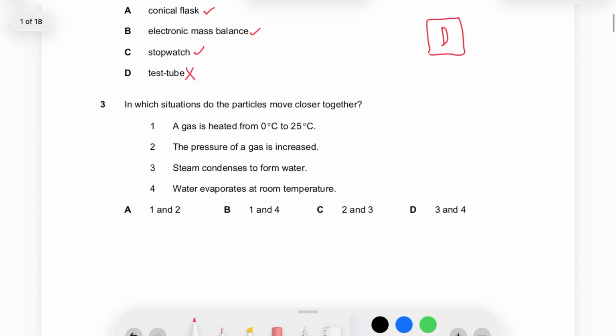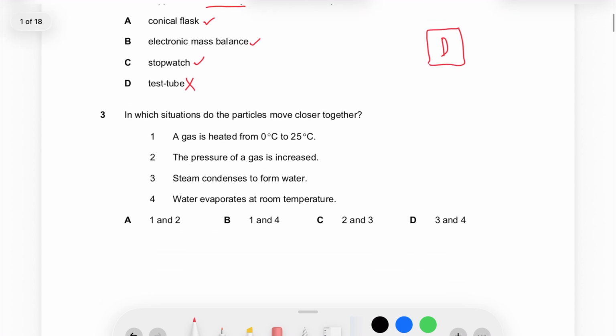Question 3. In which situation do the particles move closer together? Either a gas goes back to liquid, or a liquid goes to solid. First, a gas is heated from 0 to 25. They'll move further apart because kinetic energy increases, so this is out.